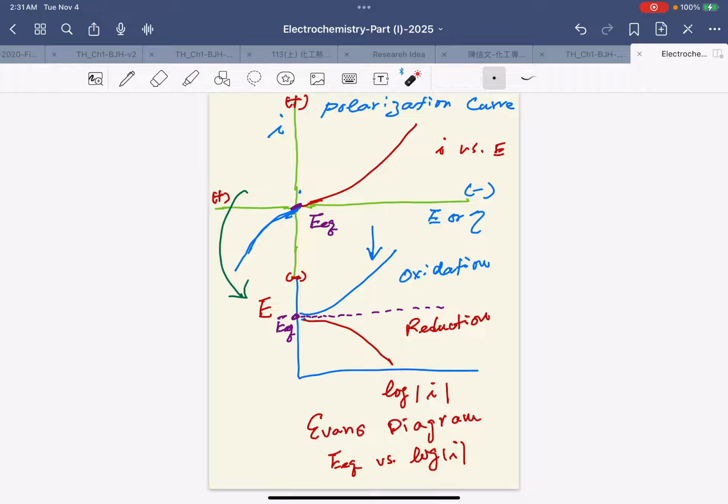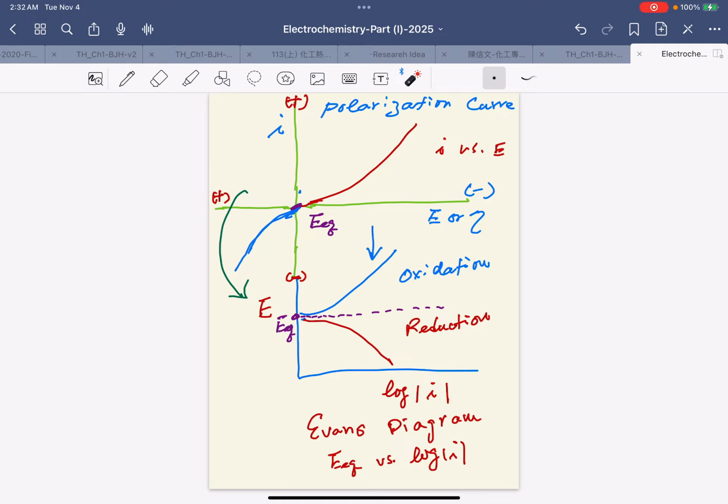Okay? So this is the equilibrium condition, the potential you measure at the equilibrium condition. So this equilibrium potential will be here. This part represents the reduction reaction, and this part represents the oxidation reaction.